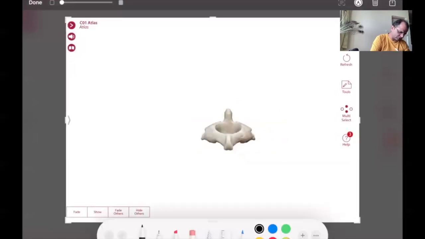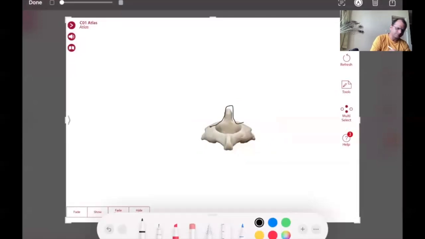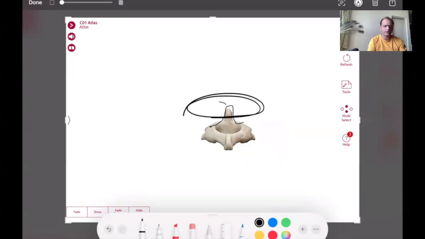Why this elevated process around which the upper vertebra is moving? So this is making axis. So it is called axis, axial, right? So this is the process.